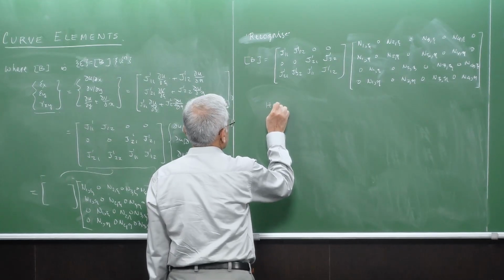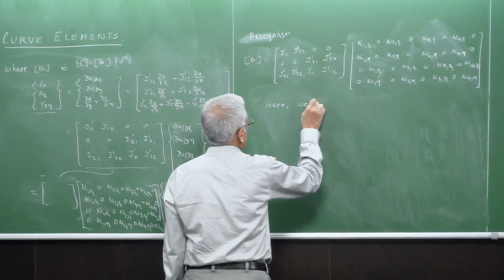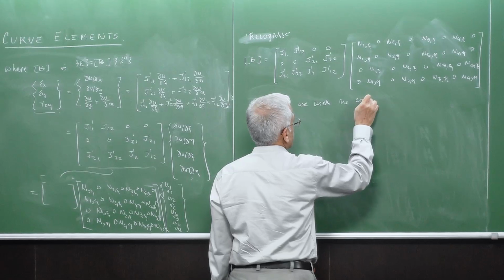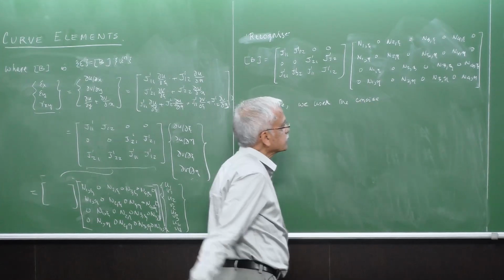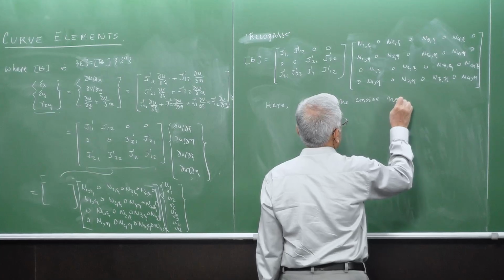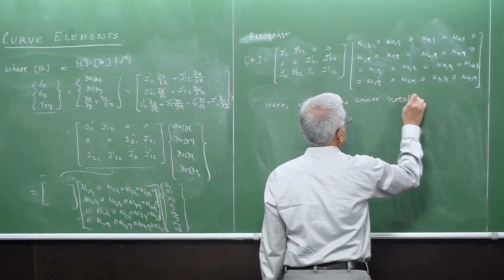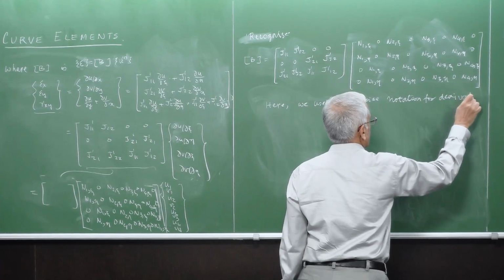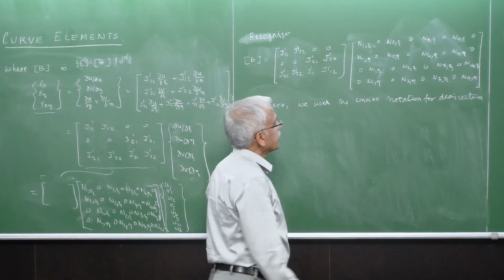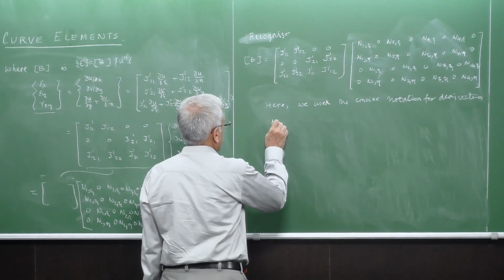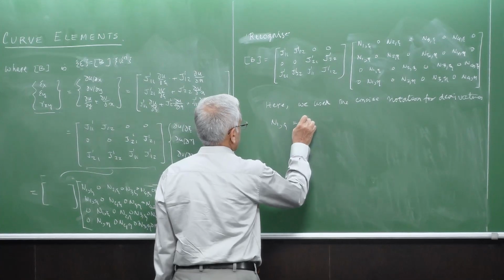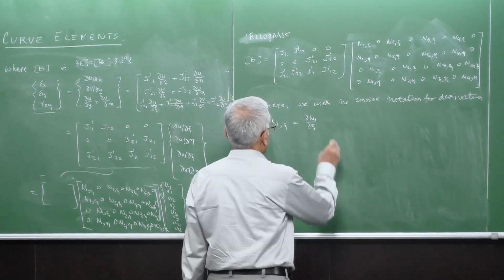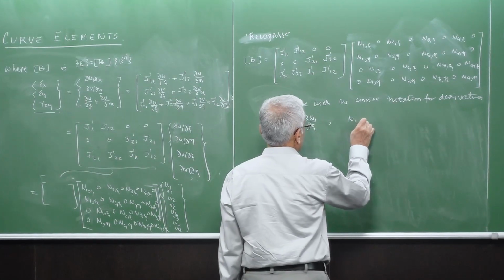I'll just write it for the sake of completeness. We use the concise notation for derivatives, in the sense that N1 comma xi is nothing but this, and N1 comma eta.